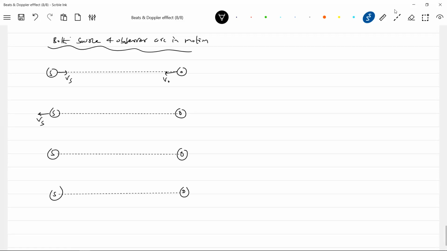Next, they are moving away from each other. Next, source follows observer. Observer follows the source. So the source will generate signal at frequency f, and it will be received at f dash.